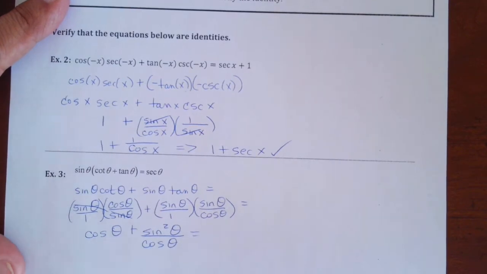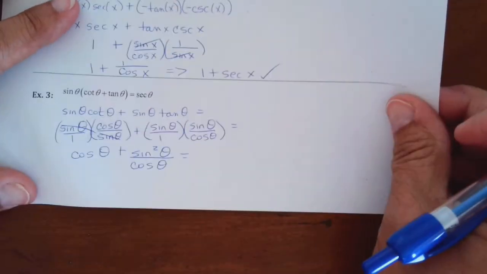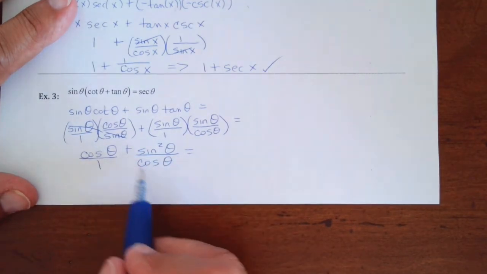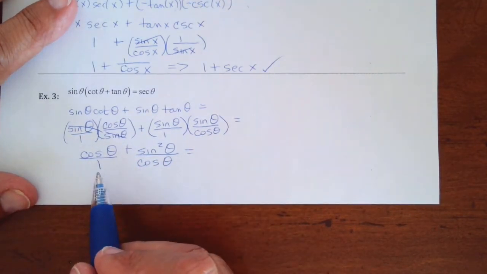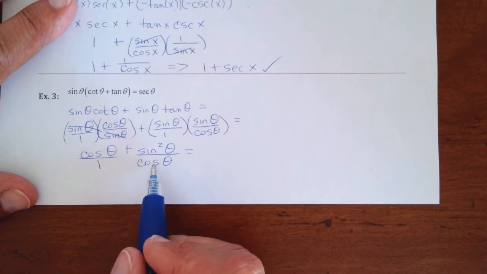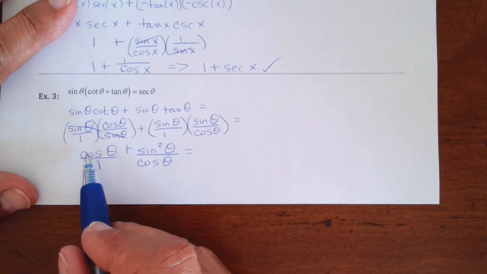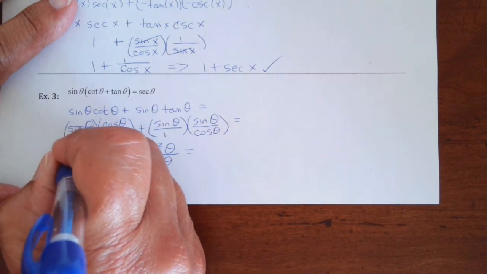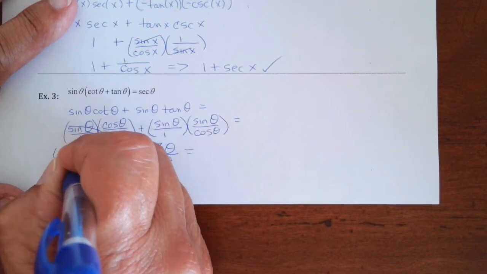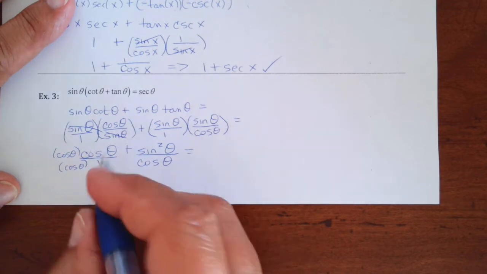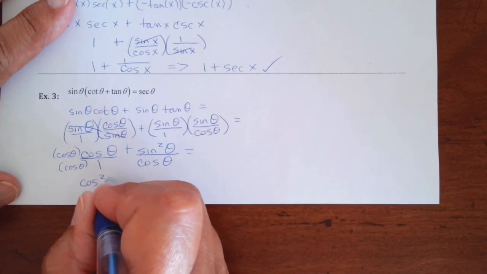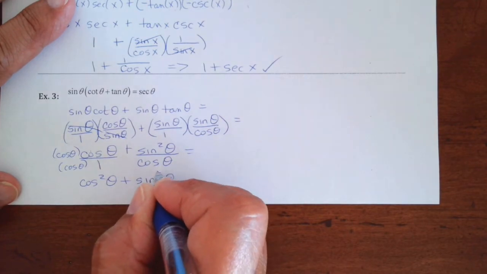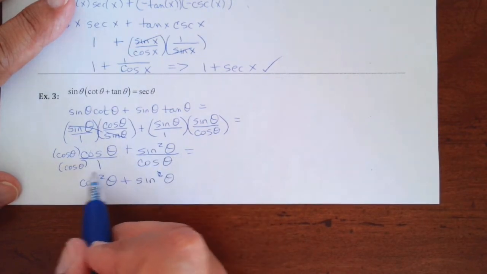All right, so now I've got to get a common denominator. Okay, this is over 1, and I am adding, so I need a common denominator. We haven't done one of those yet. So the common denominator would be cosine. So I'm going to multiply the top and the bottom of this fraction by cosine. Okay, so that gives me cosine times cosine in the top, which is cosine squared, plus the sine squared, this one over here, because now my denominators are the same.